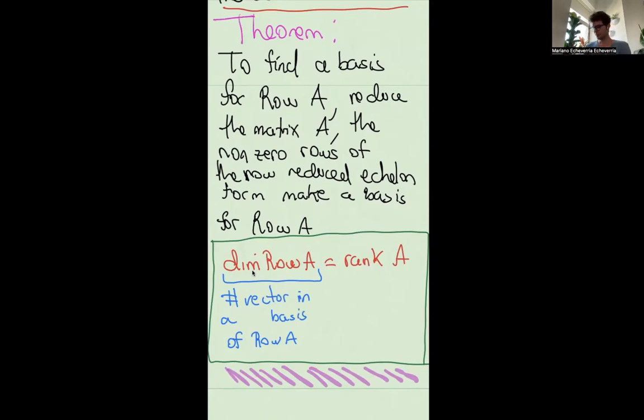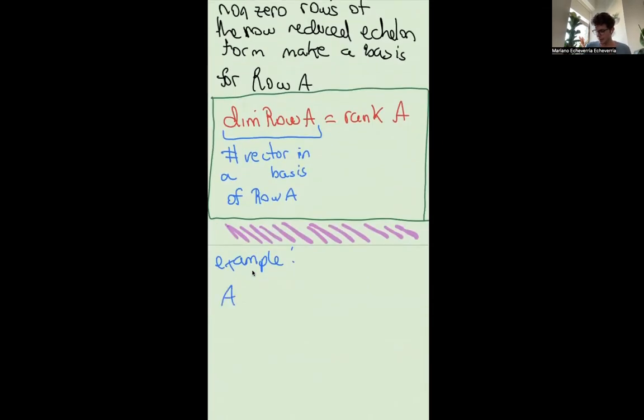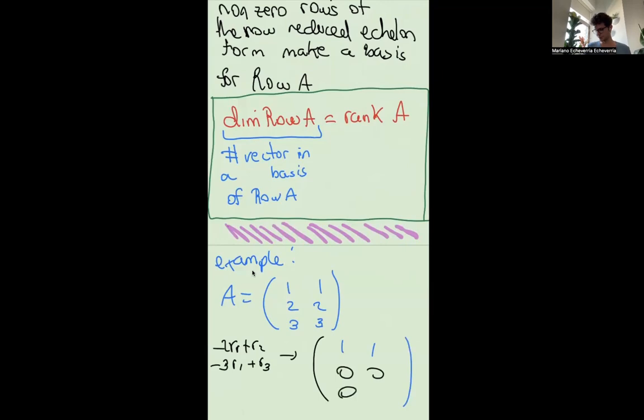Let's do the one that we were just doing. So here's an example with A equal to 1, 1, 2, 2, 3, 3, which is very silly. If you do minus 2 row 1 plus row 2 and minus 3 row 1 plus row 3, this gets you to 1, 1, 0, 0, 0, 0.